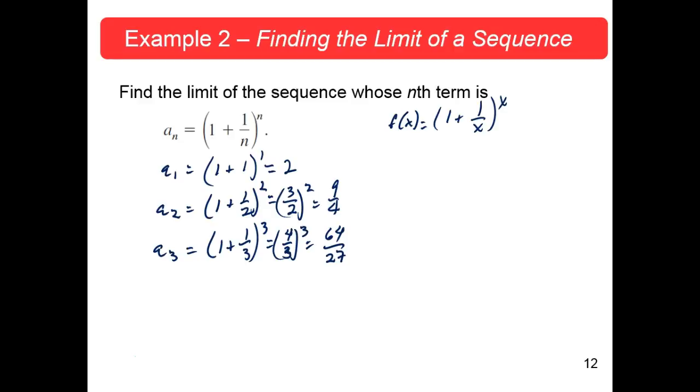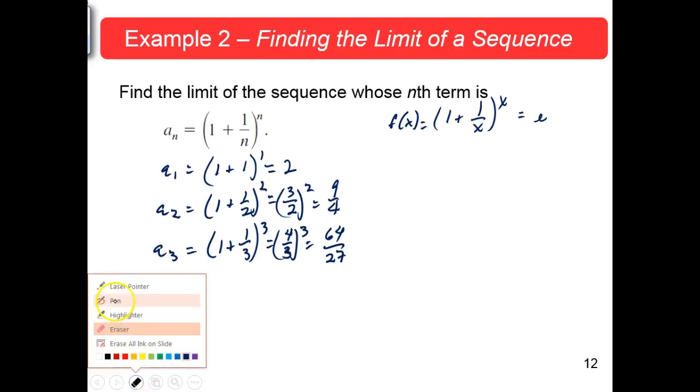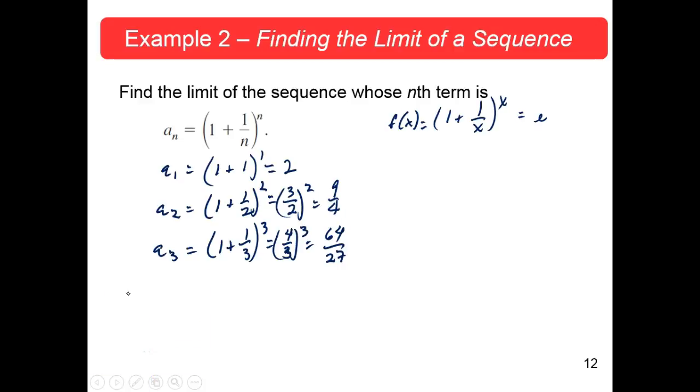And hopefully when you were in Cal 1, you may have run into this. Does anyone remember? This is e to the x. Well, not just e to the x, just e. It's basically e to the 1, which is e.